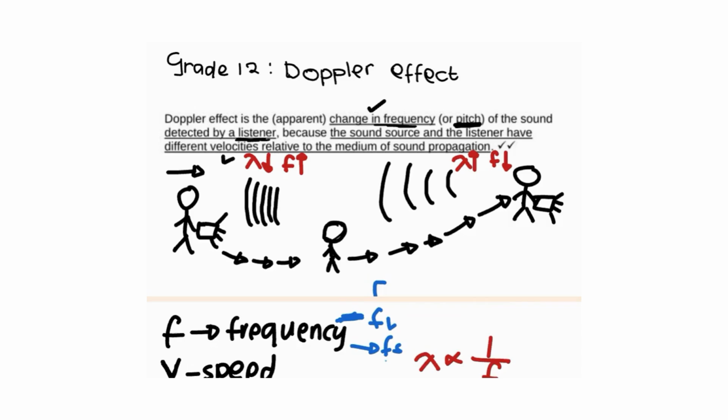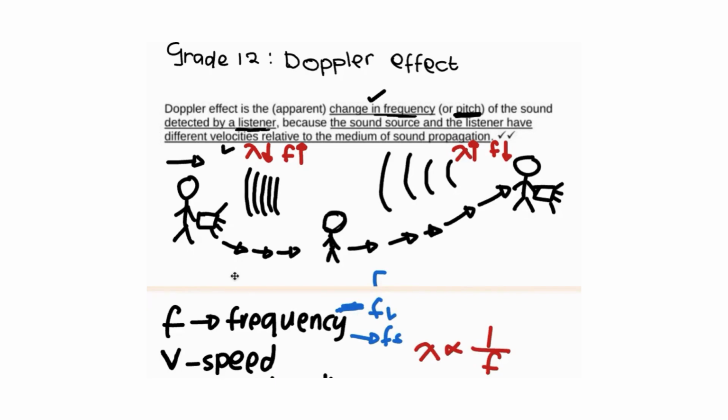Then I will add here on our diagram: when your friend is approaching you with the speaker, the frequency that you hear is greater than the frequency that the source emits. And when your friend moves away from you, the frequency that you hear is now less than the frequency that the source emits.